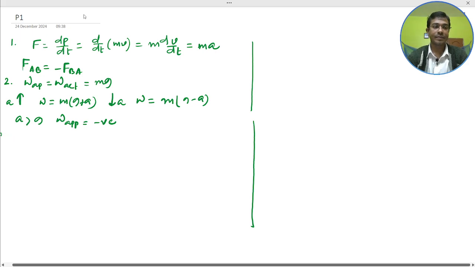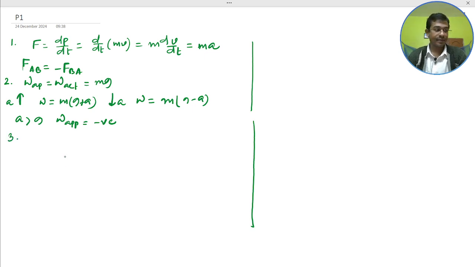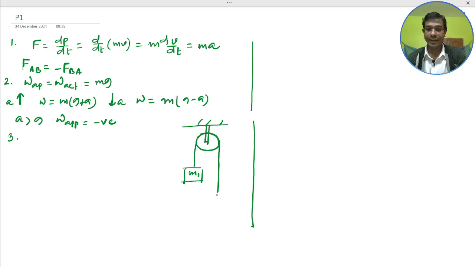Third one is the motion of frictionless pulleys. Basically, this is a figure here, a pulley with masses m1 and m2, and this is the mass m of the pulley.